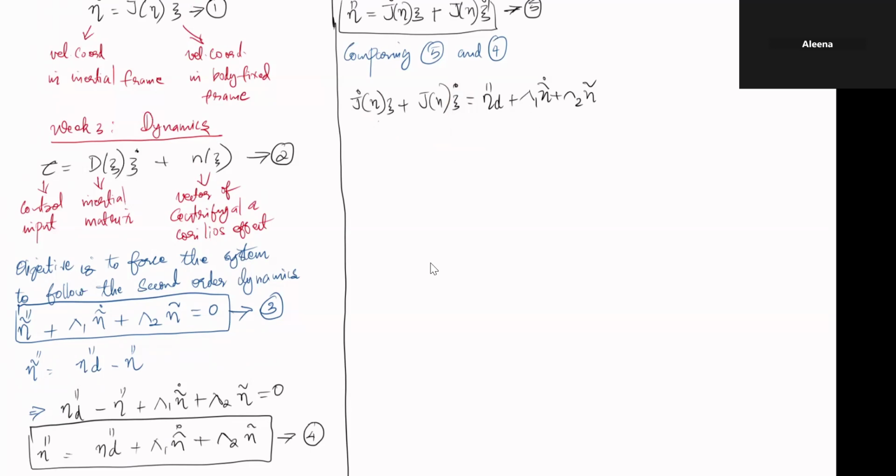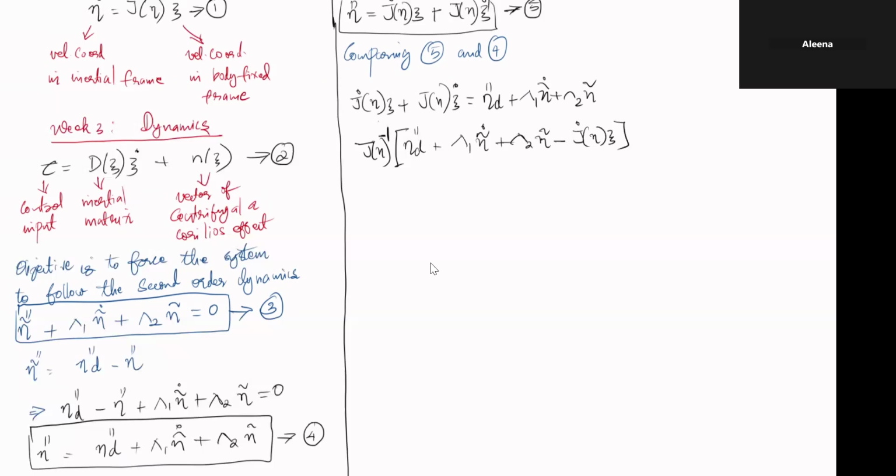That makes it eta desired double dot plus lambda 1 eta tilde dot plus lambda 2 eta tilde minus J dot of eta zeta, the whole pre-multiplied by J of eta inverse.